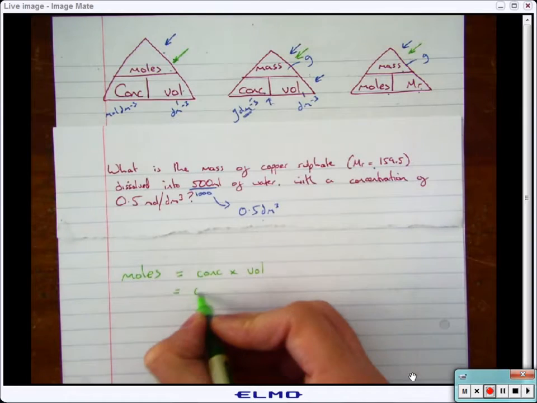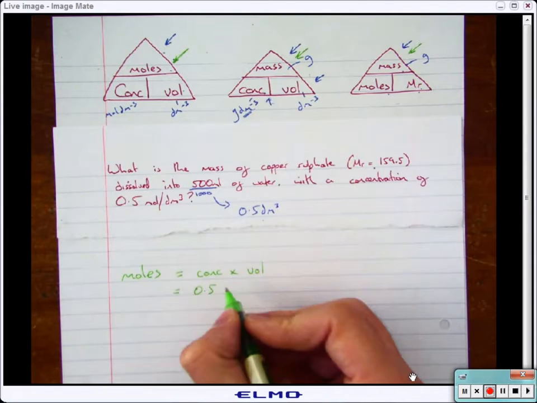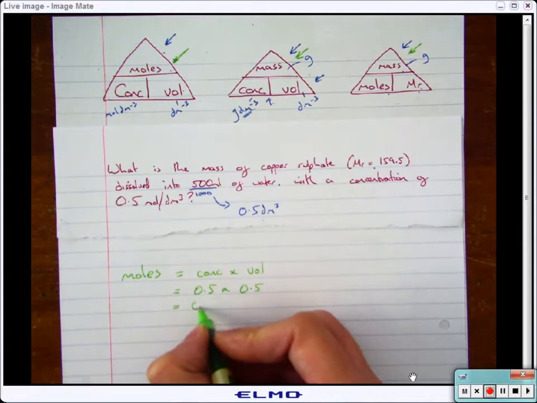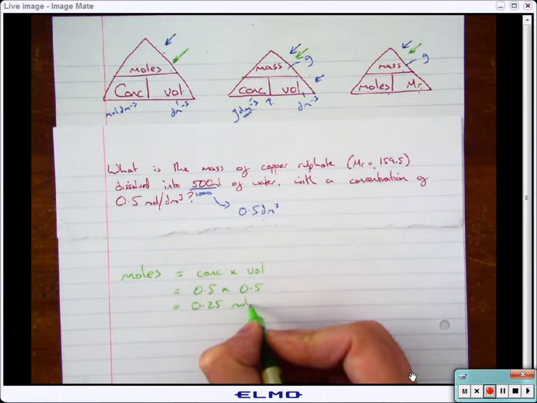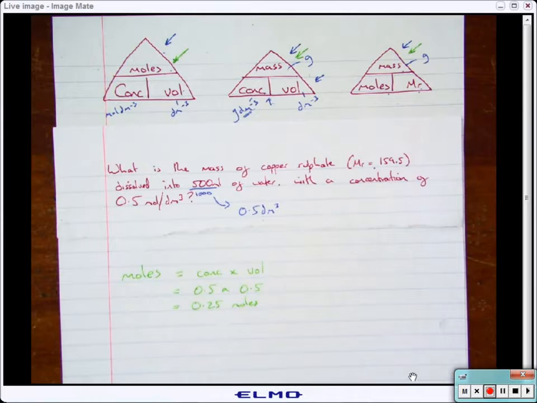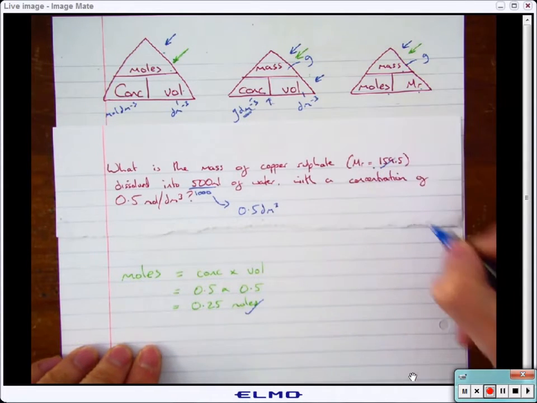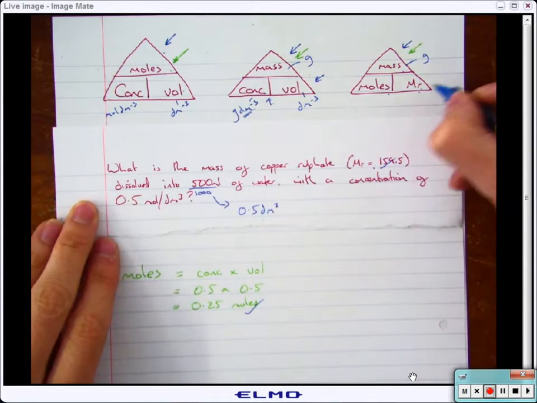Which is 0.5 moles per decimeter cubed times by 0.5 decimeter cubed, which gives me 0.25 moles. The next thing I need to do is, I've got the moles, I've got the formula mass. What else can I use?